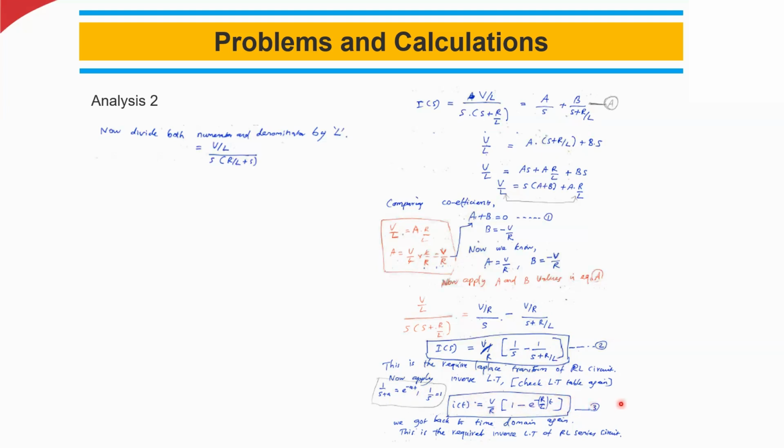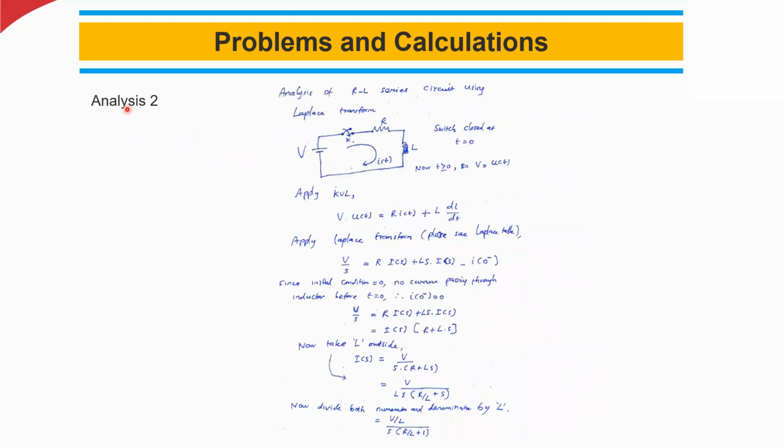Now we got both major equations. This is the final current equation in the S domain, and this is the final current equation in the time domain. Now we have solved this problem and completed the analysis of the RL series circuit.